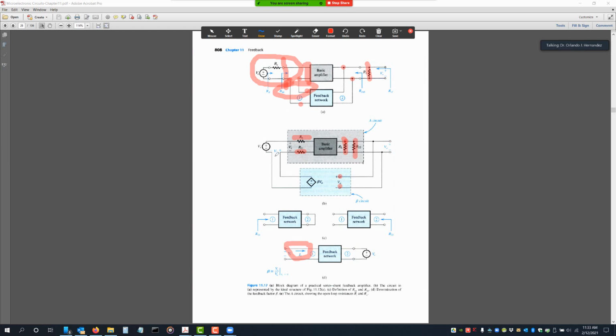So those are some practical issues of these feedback configurations. But that was specifically the voltage feedback amplifier with series mixing, series voltage mixing, and shunt voltage sampling.